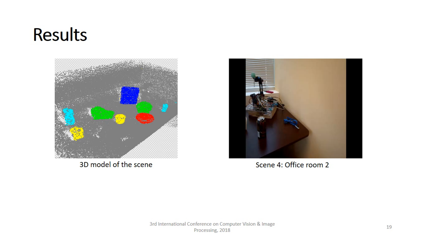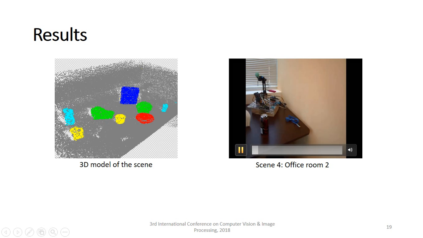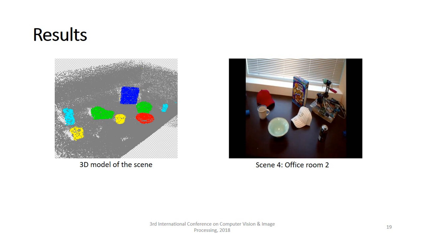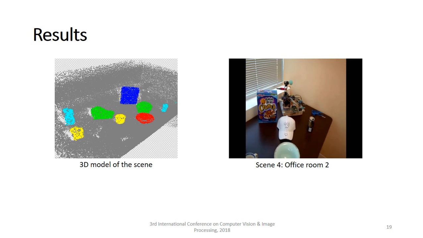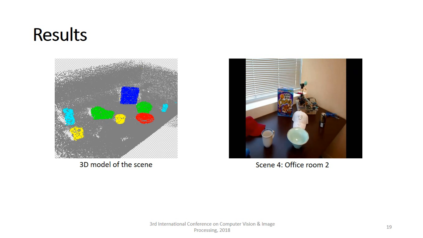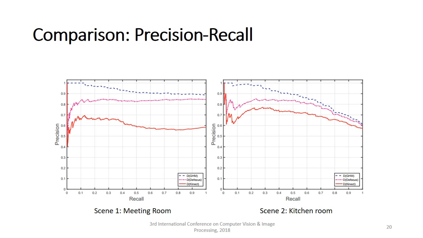So this is an illustration of what our model does. On the right there is a scene of an office room, and you can see that our model has very accurately labeled all the objects of this video.